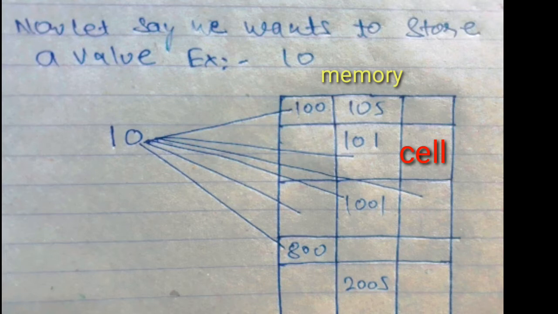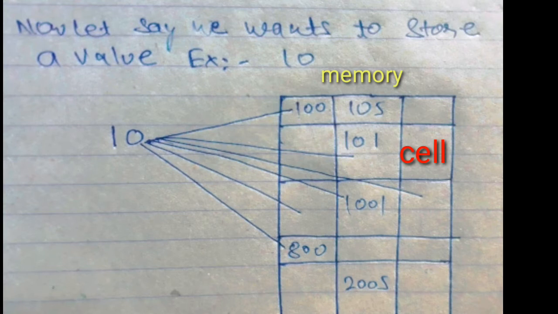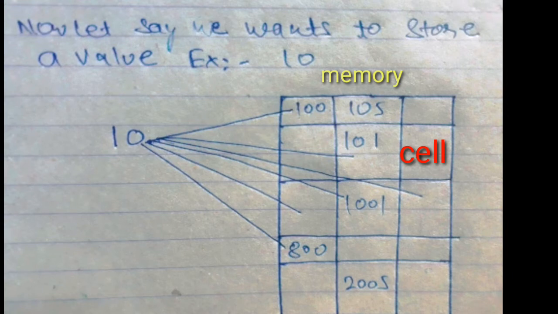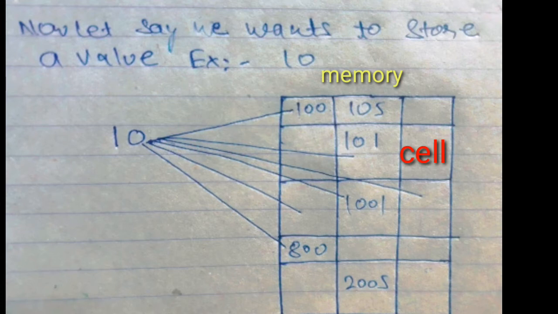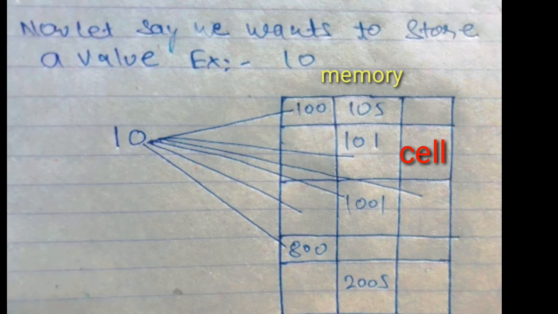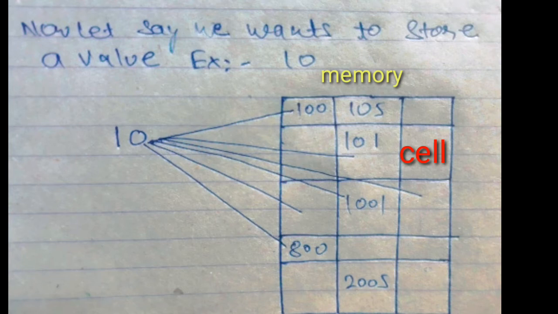Once you write the program, you have to save it, and it is stored on the hard disk or any drive, let's say C or D drive. When you try to run your program in order to get the output, it has to be loaded into the memory, right?